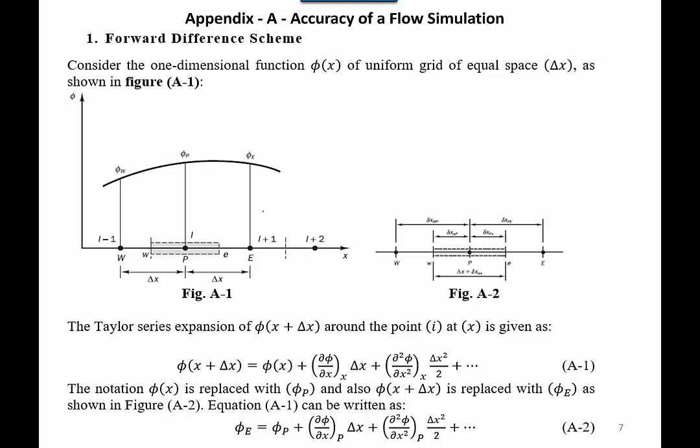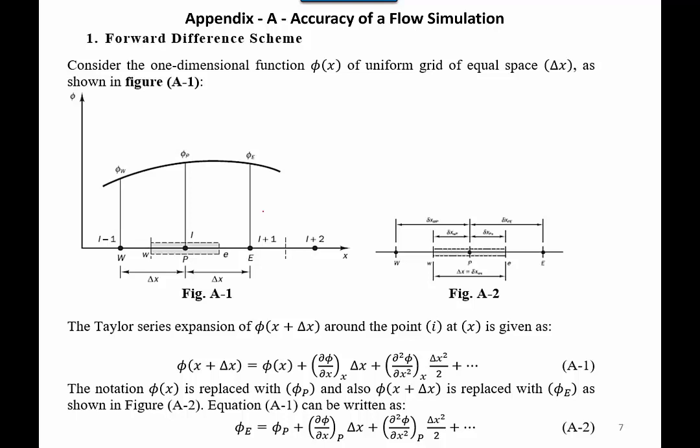If we use the Taylor series expansion of phi at x plus delta x around point I at x, as shown in equation A1, phi at x plus delta x equals phi at x plus the first derivative of phi at x multiplied by delta x plus the second derivative of phi at x multiplied by half of delta x squared plus etc.